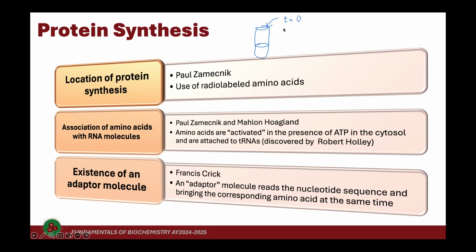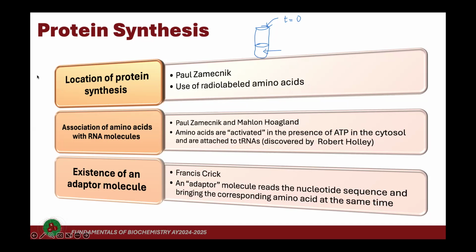However, when he shortened his incubation time, so let's say he studied his cell culture 30 minutes after introducing the radio-labeled amino acids, what he discovered was that these radio-labeled amino acids were concentrated in a certain subcellular fraction.